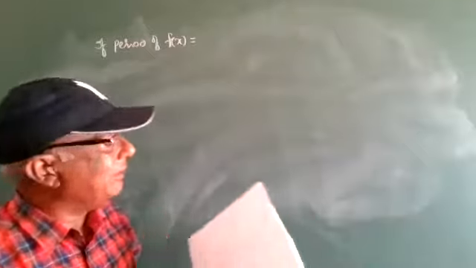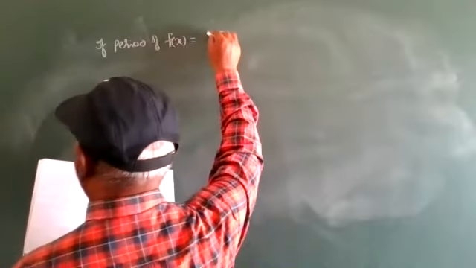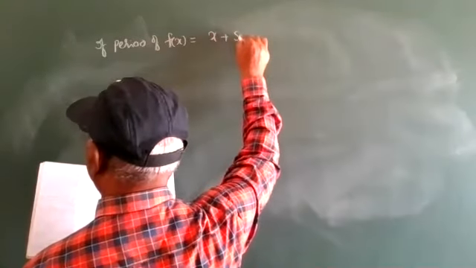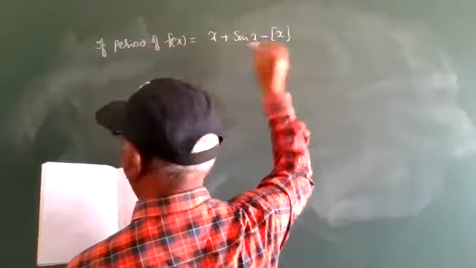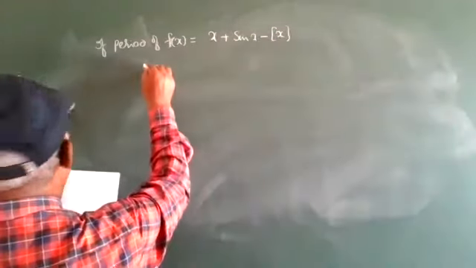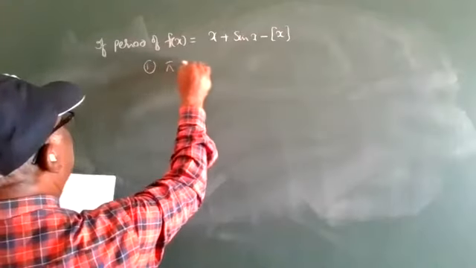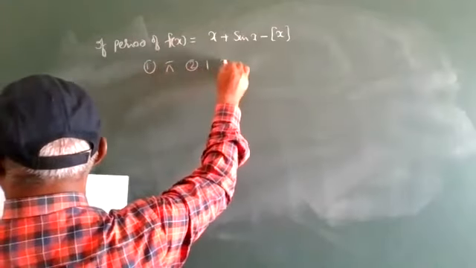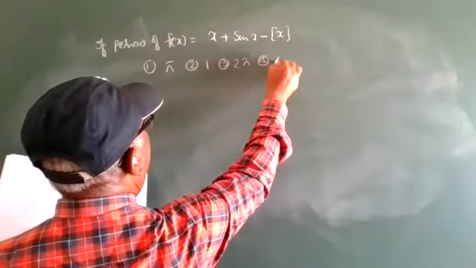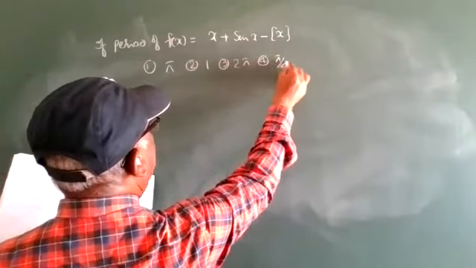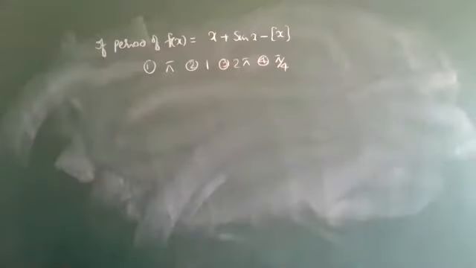The period of f of x is x plus sin x minus step x. The first option is pi, the second option is 1, the third option is 2 pi, the fourth option is pi by 4. These are given.